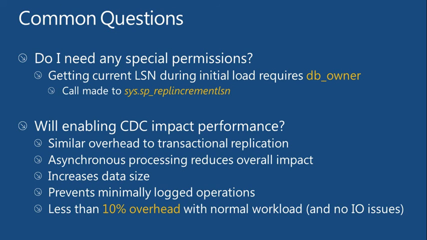Overall, they say with a standard workload and all the workloads they ran through, it's less than a 10% actual overhead, assuming that there's no I/O issues already. If the system is already I/O bound and having I/O issues, enabling CDC will have a bigger impact than if you don't have any I/O issues, because of the increased processing needed, increased stuff going on in TempDB especially.